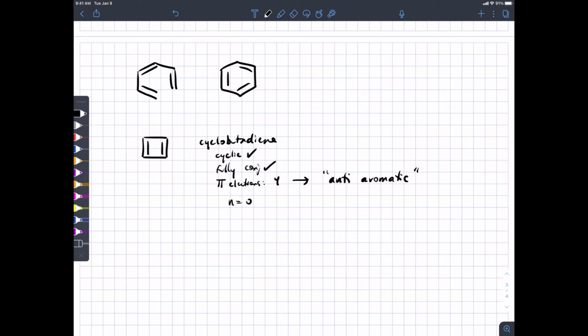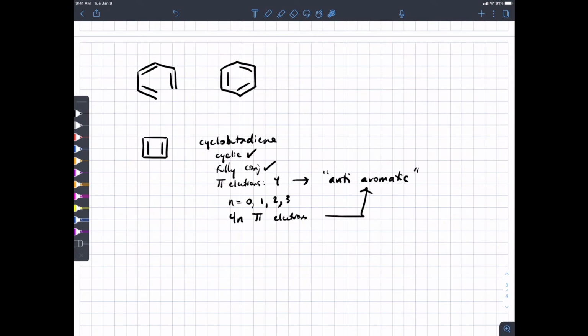Molecules where n is an integer, 0, 1, 2, 3, and so on, molecules with 4n pi electrons are anti-aromatic. Just as aromatic molecules experience special stability, anti-aromatic molecules experience special instability, for reasons we will talk about when we get to the MO picture of aromaticity. But for now, just know that if you have the wrong number of pi electrons, you are anti-aromatic.